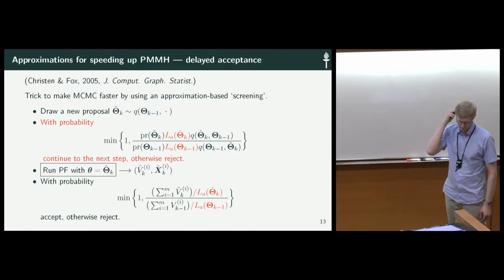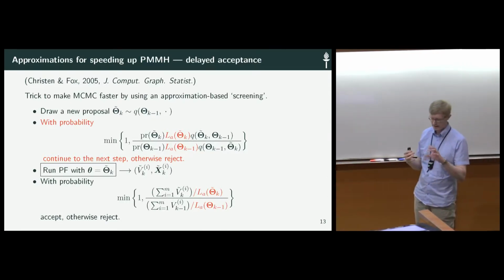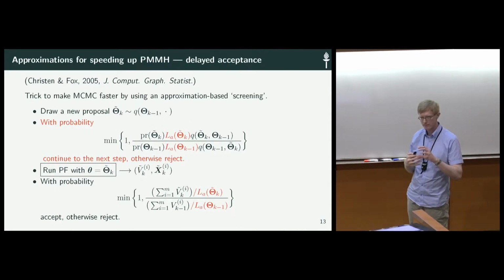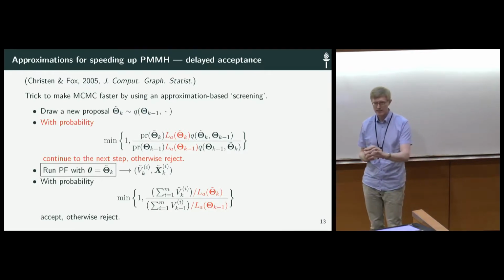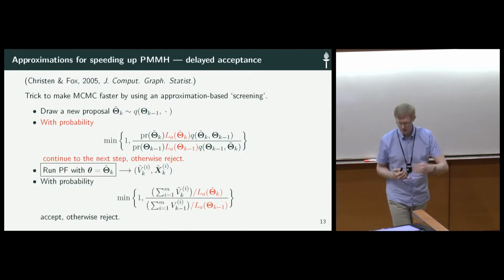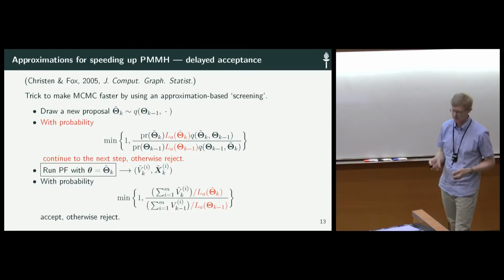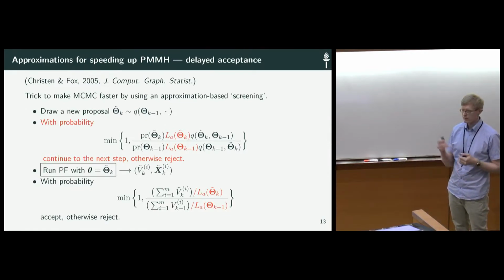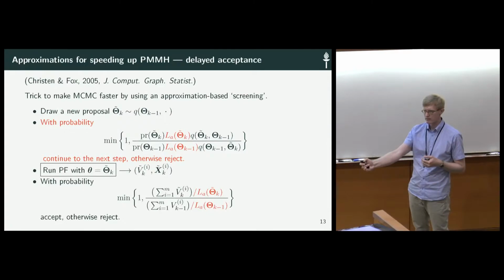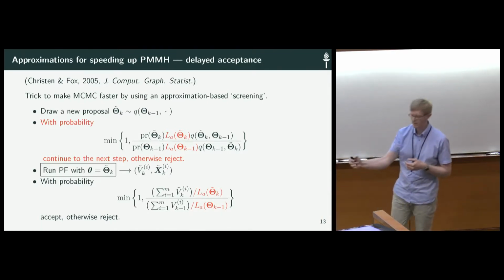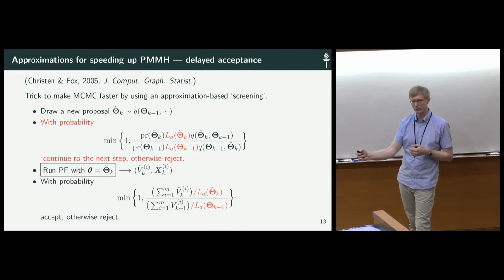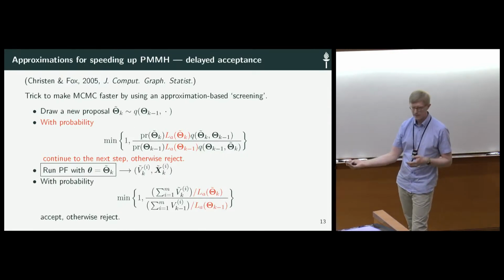And then you do 2-stage acceptance. So in the first stage, you use some approximation, say an approximate likelihood from a Laplace approximation. And you screen whether your proposal is good. Your approximation should be roughly what your true marginal likelihood is. So you screen whether this might be a good value. If it's not, you reject straight away and continue with the next iteration.